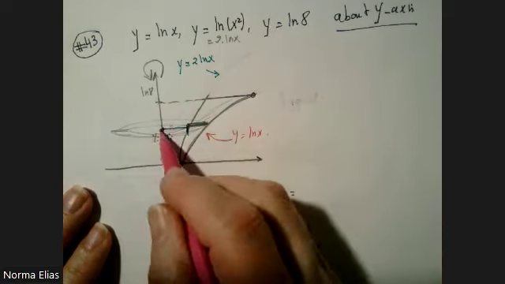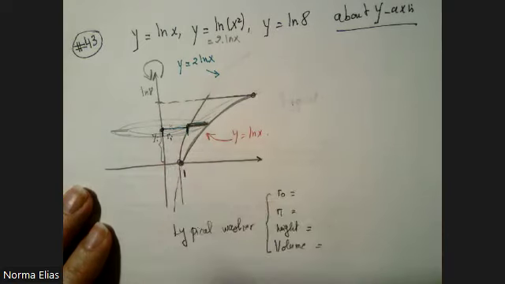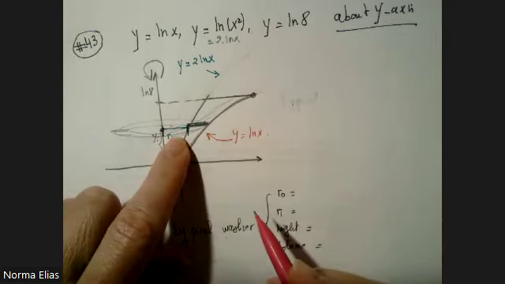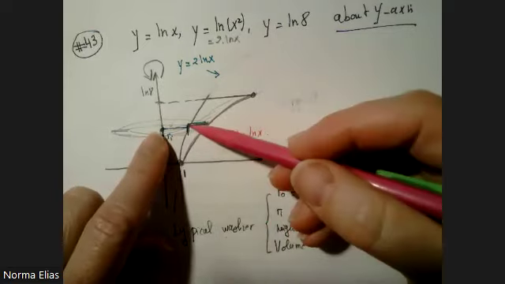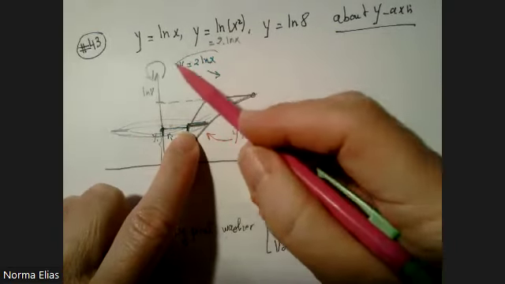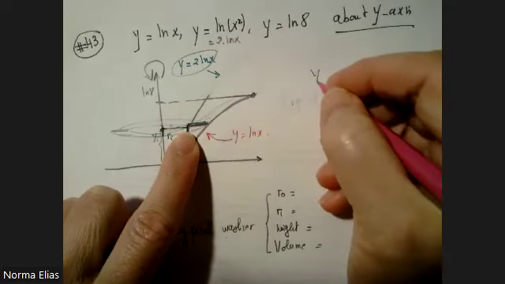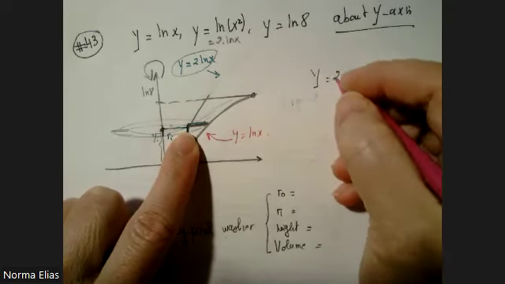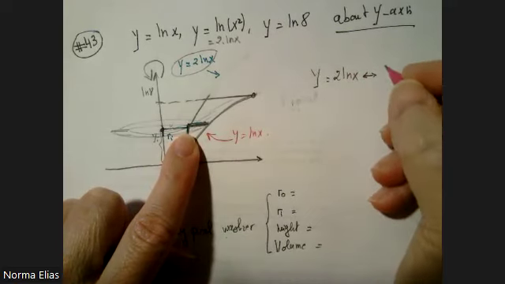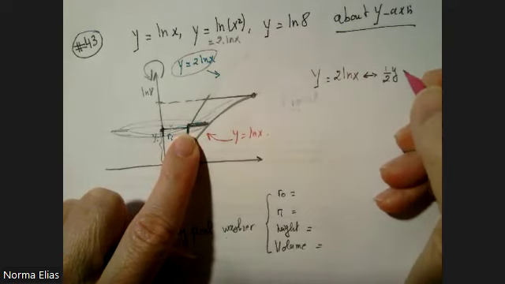I have the y. The y is from here to here. I want to find this horizontal distance. To find the horizontal distance, I need the x that corresponds to this y. So let us see the inside curve, y equal to 2 ln of x. I need to solve for x. It means I divide by 2 both sides.